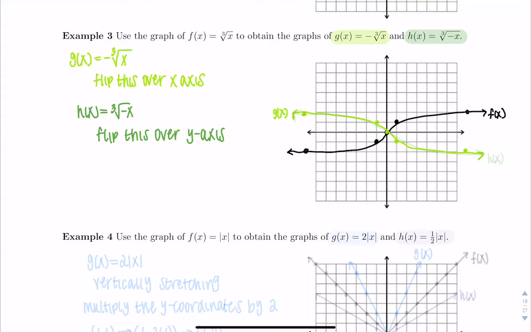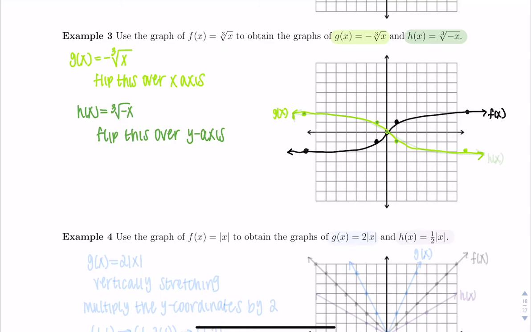And so starting with my original graph, 0, 0 will still stay in the same spot. 1, 1 is now going to become negative 1, 1. And negative 1, negative 1 is now going to become 1, negative 1.